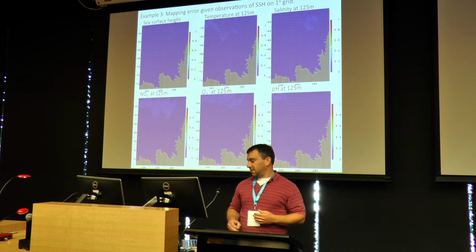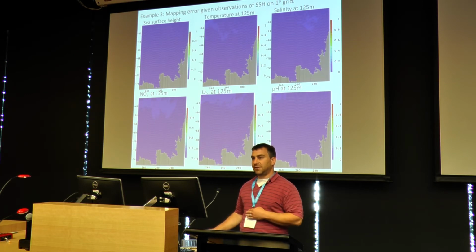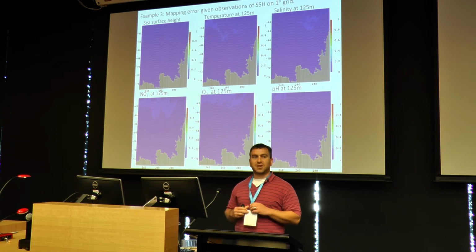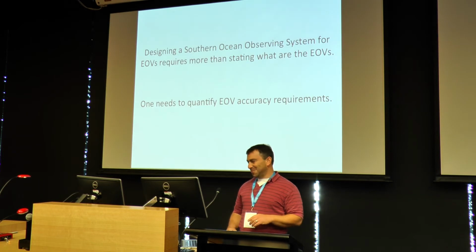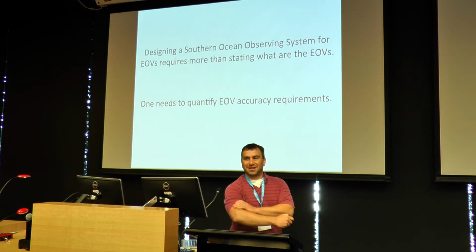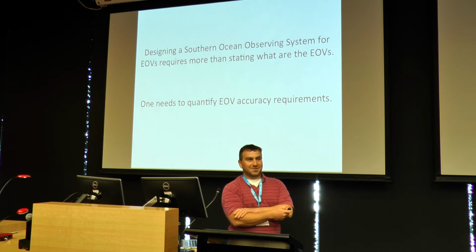It really is just a way to project our information and get at what Steve was asking, developing quantitative assessments for how much we know. But there's one big problem, which is unfortunate because we have enough trouble coming up with EOVs. It's not enough to just say we need nutrients or we need oxygen.